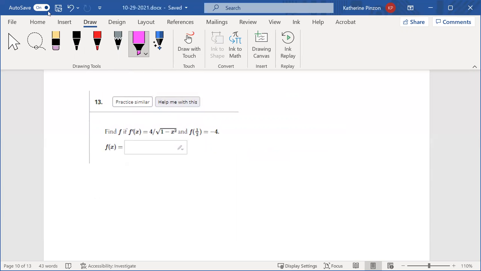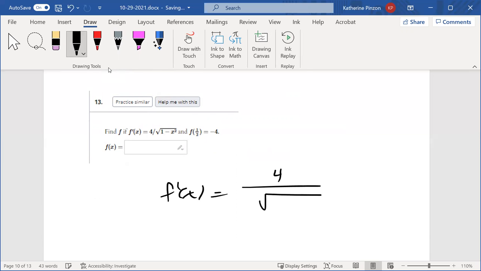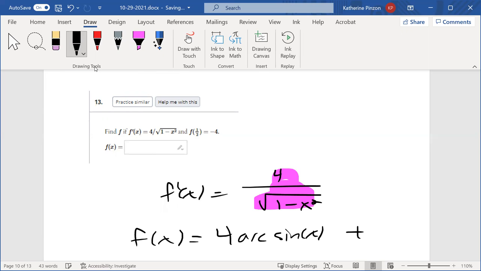This is f prime of x is 4 over square root of 1 minus x squared. And this guy again is arc sine. So this would be f of x is 4 arc sine of x plus c. And then you're going to use the information they give you to find out what c is.